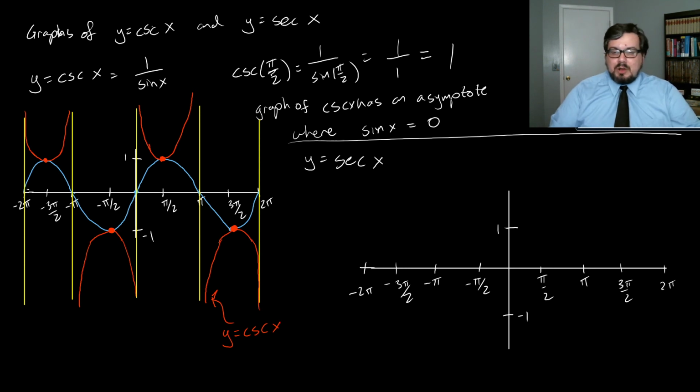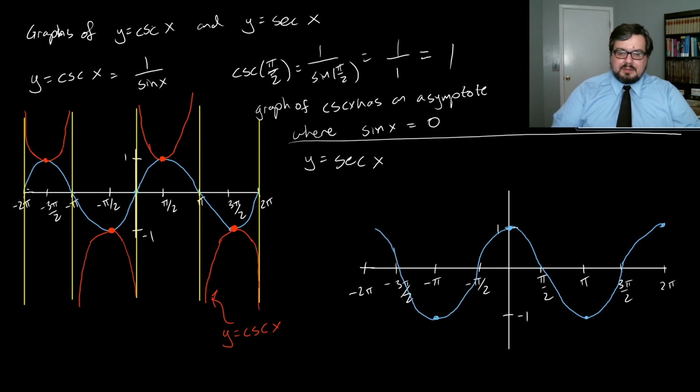The graph of cosine starts at 1 and then comes down to 0 at pi over 2, then to negative 1 at pi, and up to 0 at 3 pi over 2, and then up to 1 at 2 pi, and then down the other way, like this.